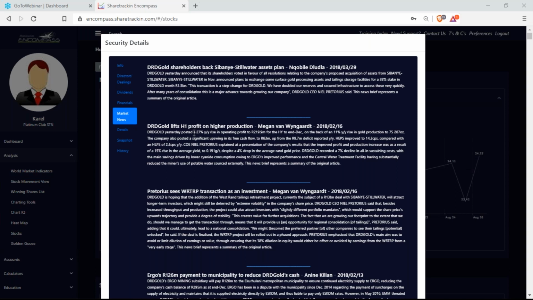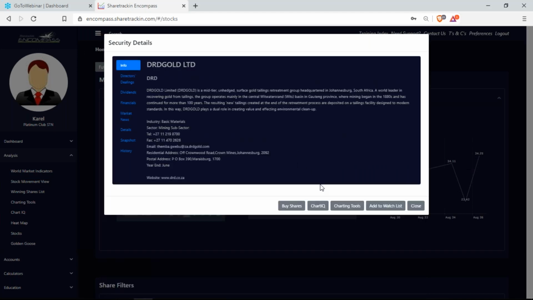Okay, so here I will find all the news-related information on this share. For example, DRD Gold shareholders back Sibanye Stillwater assets plan. This was in 2018. So I'm going to click back on info.